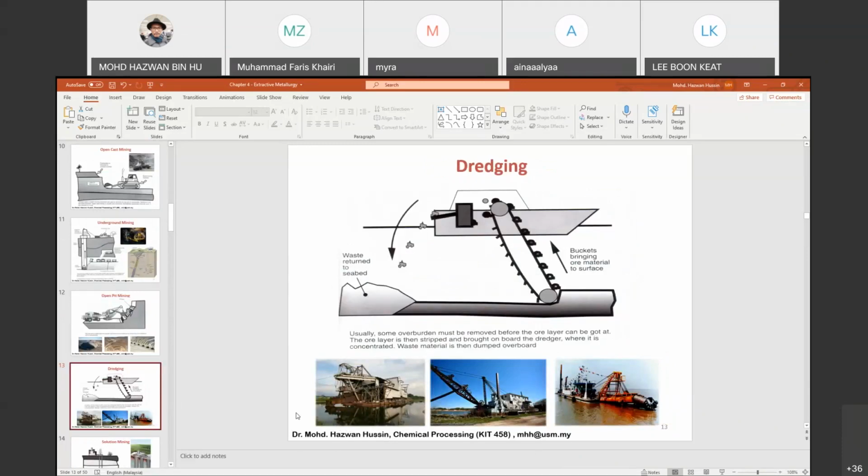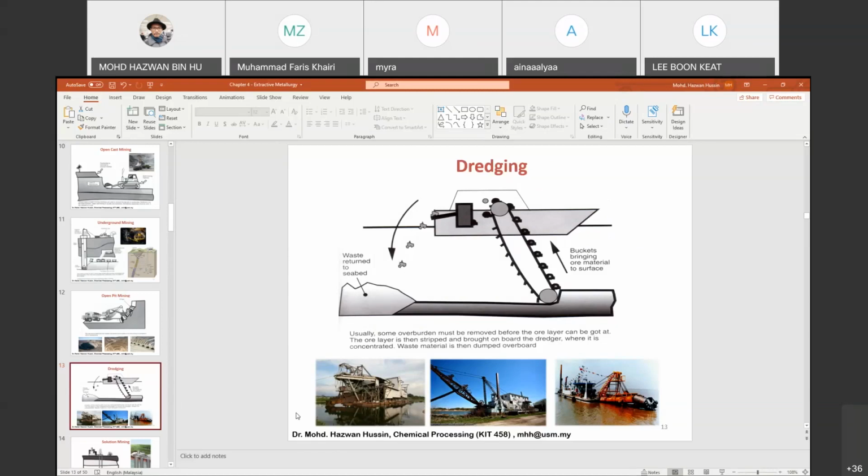Right. So dredging is also another method. This one actually uses a dredging ship, so it has a dredger. This dredger will dig or recover the minerals or any deposits on the ground, and then it will be processed.